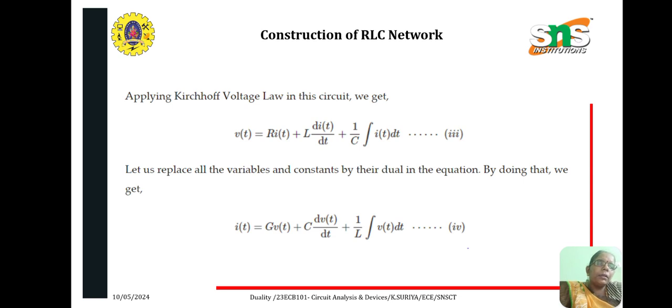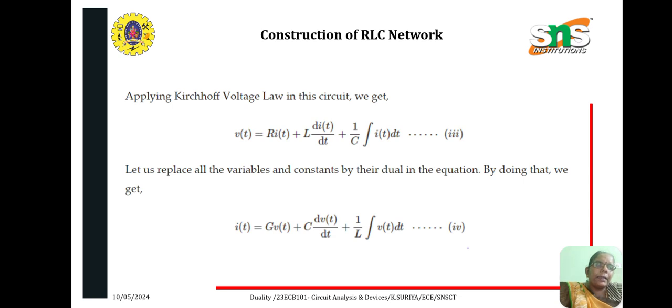In the third term, the capacitor is represented by an inductor. And again, current is represented by voltage. After replacing all the terms in the third equation, you get the fourth equation, which is the dual equation: I of t is equal to G into V of t plus C into dV of t by dt plus 1 by L into integral V of t dt.